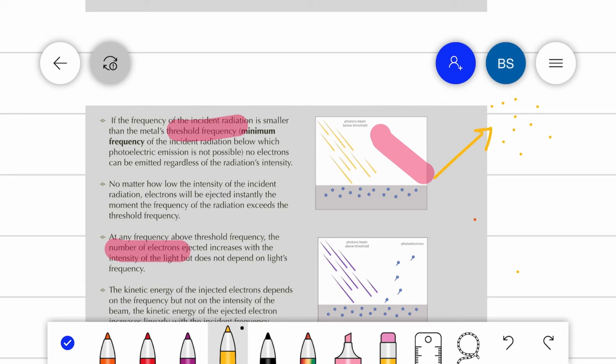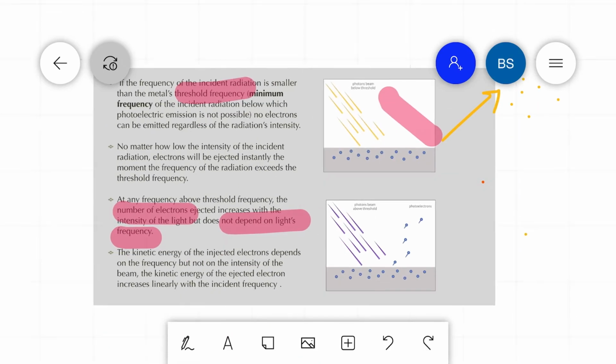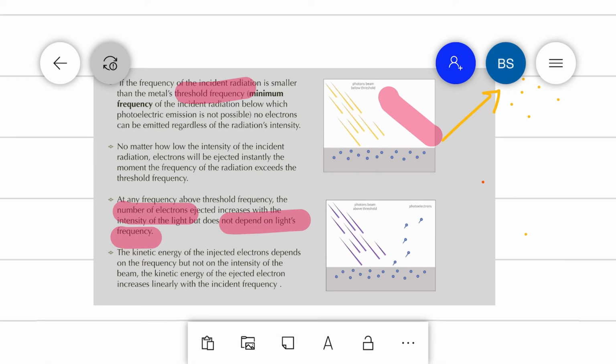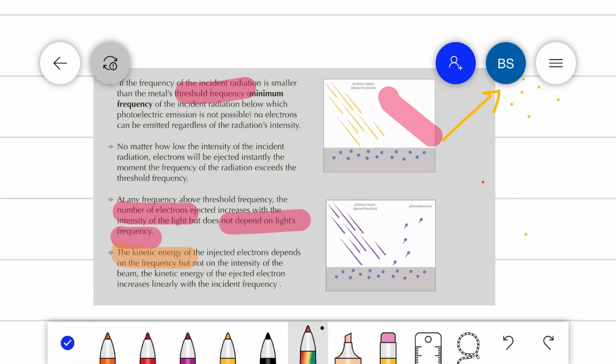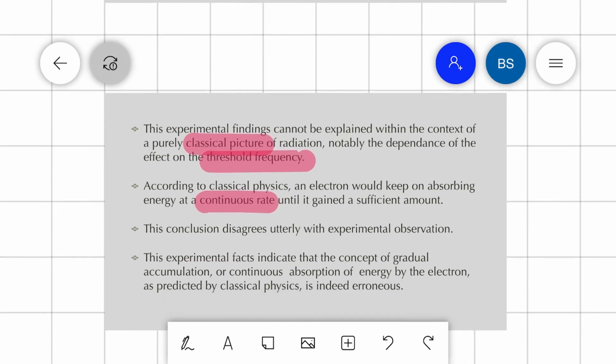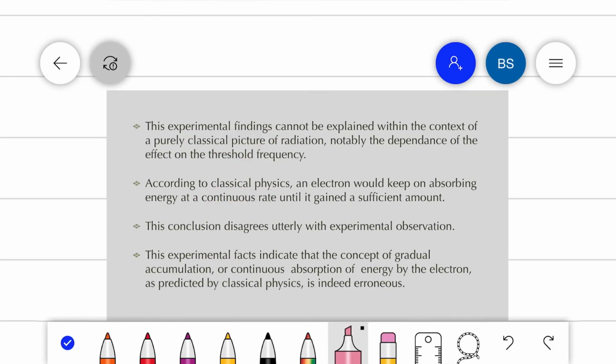This number of ejected electrons does not depend on the frequency of the light. But the photoelectron's kinetic energy is determined by the frequency of the light, not the intensity of the light. That is, the velocity with which the photoelectrons move is determined by the frequency.